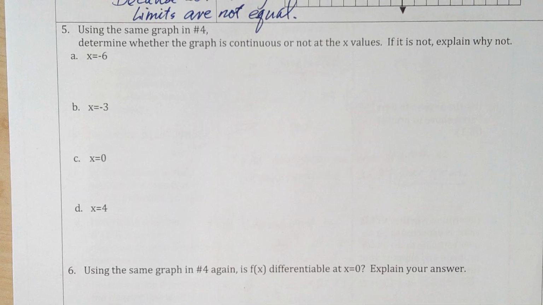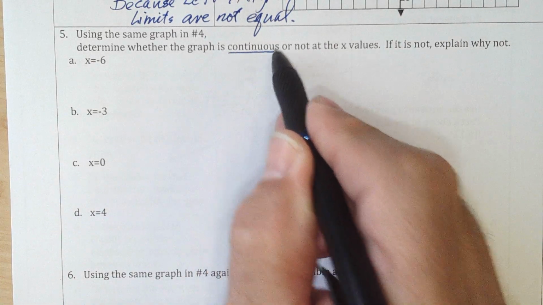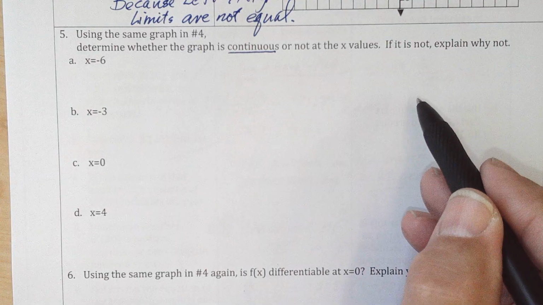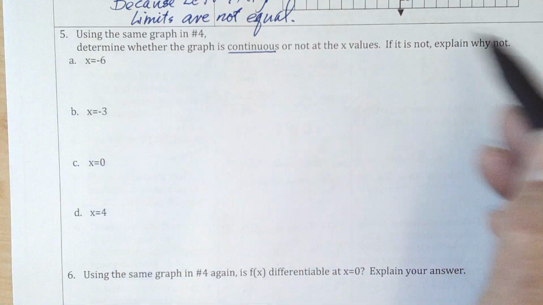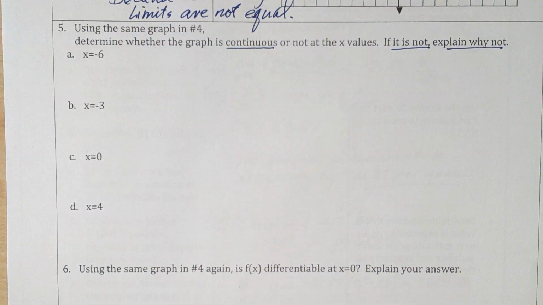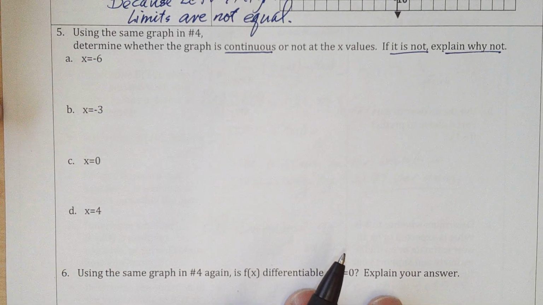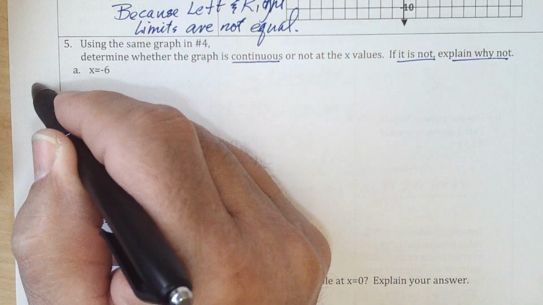Okay, this section. Now we're supposed to determine if it's continuous at these x values. And if it's not, we got to explain why it's not. Okay, so then you have to remember your rules for continuous. It has to have a limit.